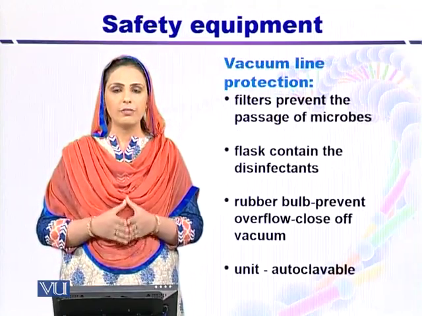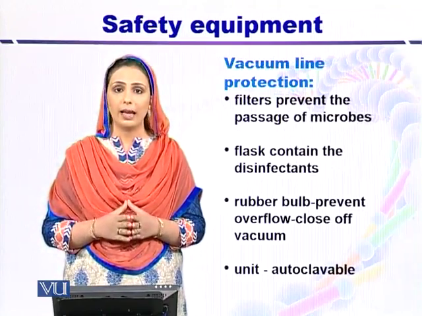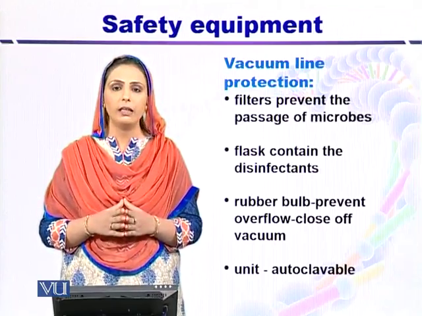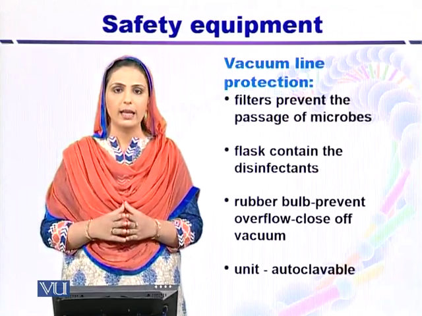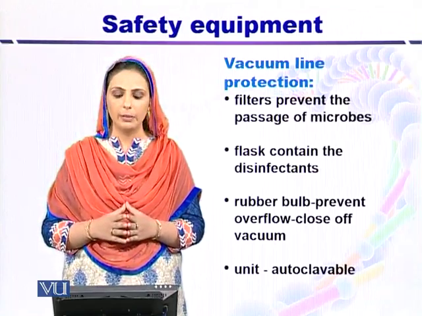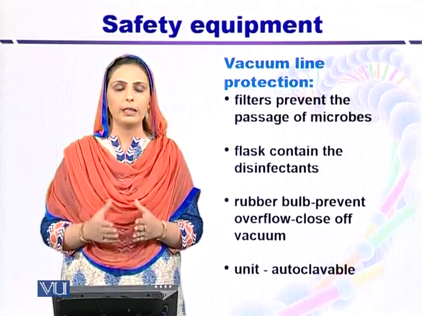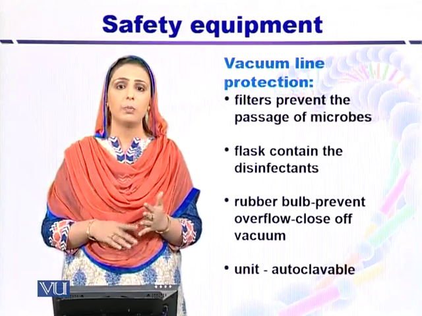Now the last safety equipment is the vacuum line protection. In this case we use filters of various pore sizes that have the ability to trap microorganisms. Now in this equipment we use flasks and bulbs.